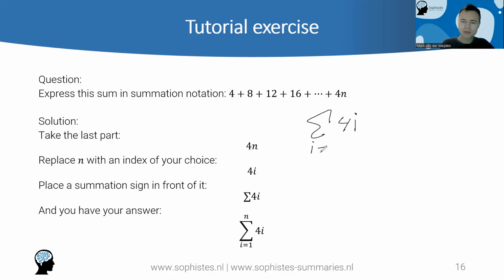Then you look, what should be the first value for i? Because I want to get this 4 here. What kind of i do I need? Do I need an i of 1, an i of 4, or something else? 1. Yeah, 1, right? Not 4, because now you want to get 4 times 1 to get this 4. And then all the way up to n.